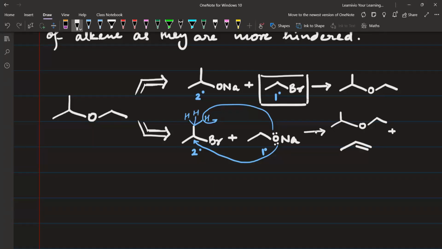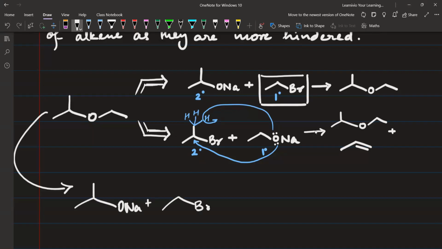Please tell me. If you are asked how you will prepare this, then you are going to use these reagents: ONa plus 2 carbon atoms Br, which is going to give you this type of ether. Okay? Copy this down.